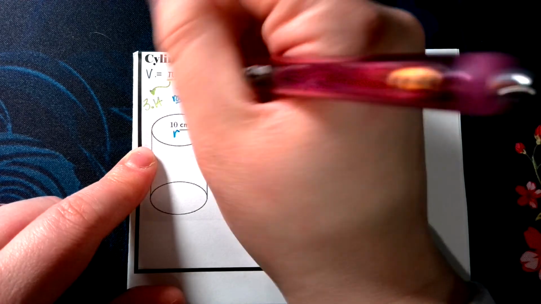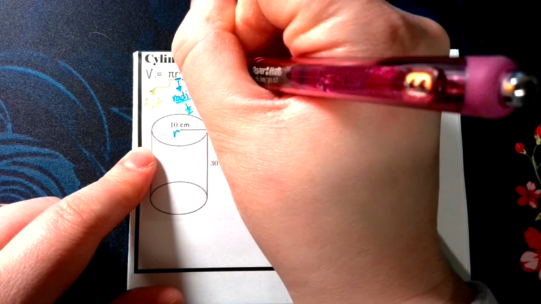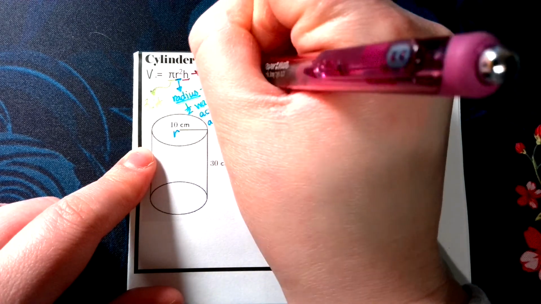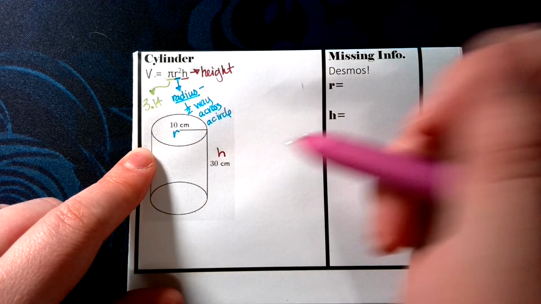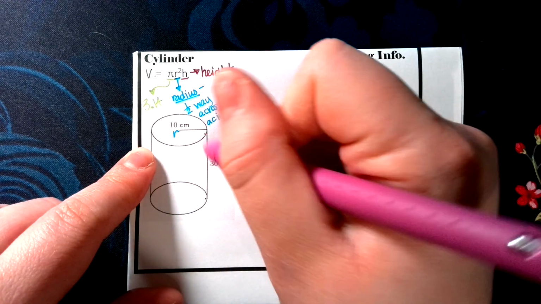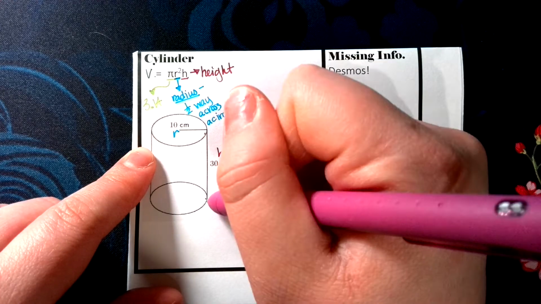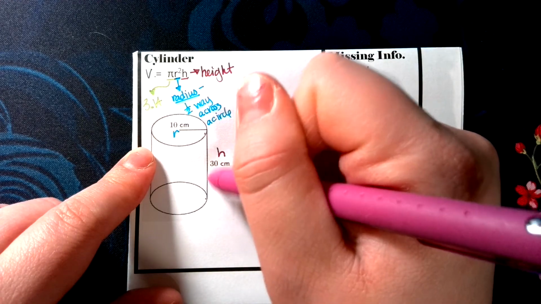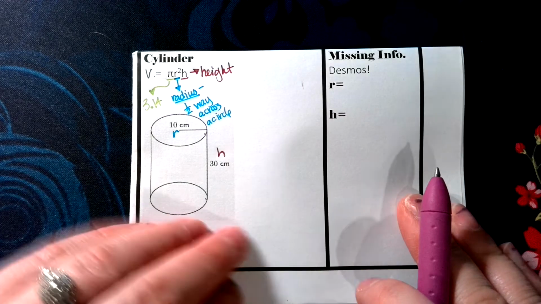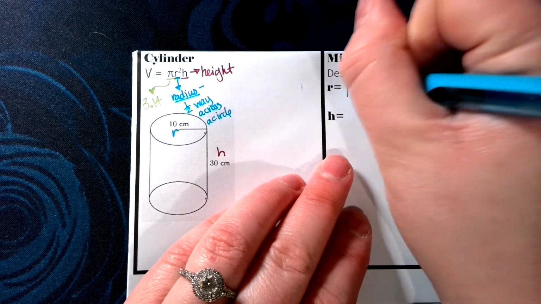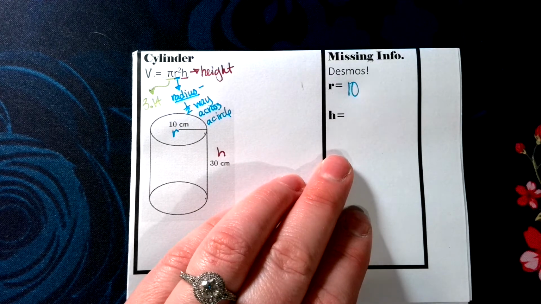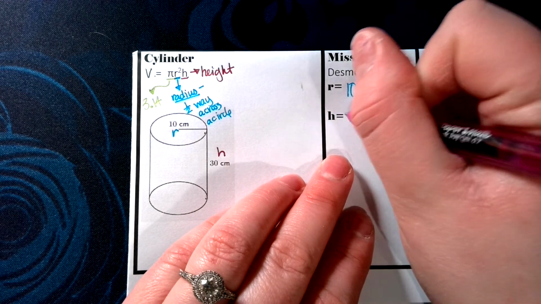And then our h is the height of the shape. So here our height is 30. Our height always connects the circles together. So again, like we said, our radius is 10. Our height is 30.